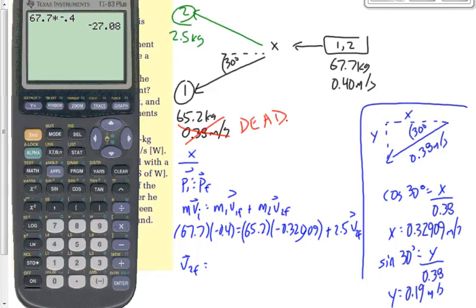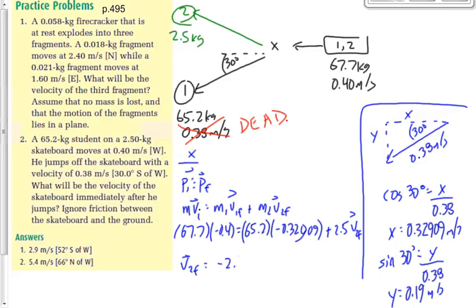Let's add to that. We're going to add this term to it because it's subtracted on the right-hand side. 65.2 times 0.32909. It's going to be positive because it's negative on the right side, so we bring it to the left side by adding. And then we're going to divide that by 2.5. Negative 2.2493. So that's the x component of the green one. My final answer there. The x component of my final answer.